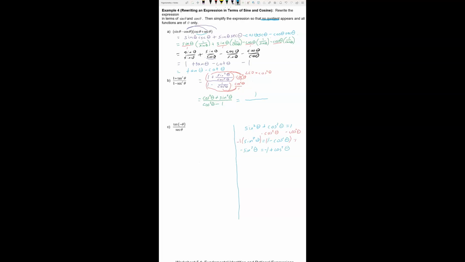Now we have negative sine squared theta equals negative 1 plus cosine squared theta. This could be written as cosine squared theta minus 1. Therefore, we get negative sine squared theta equals cosine squared theta minus 1. Since our denominator is cosine squared theta minus 1, we can now replace our denominator with negative sine squared theta.